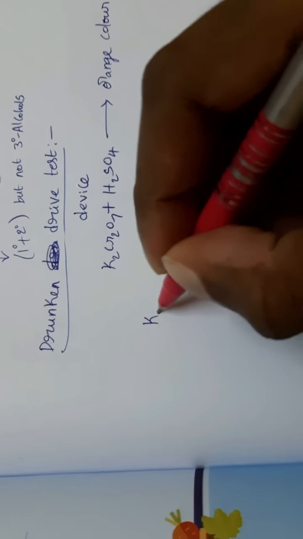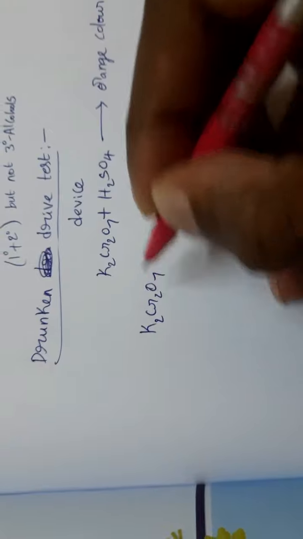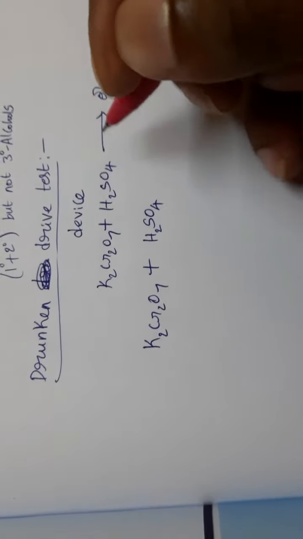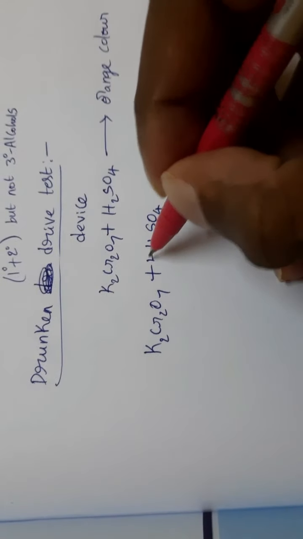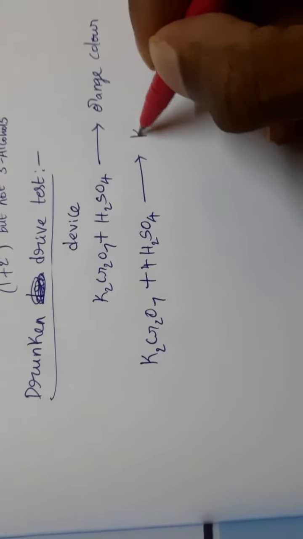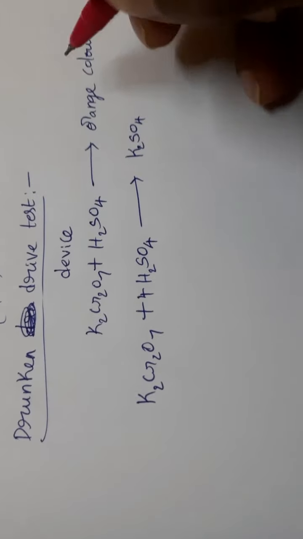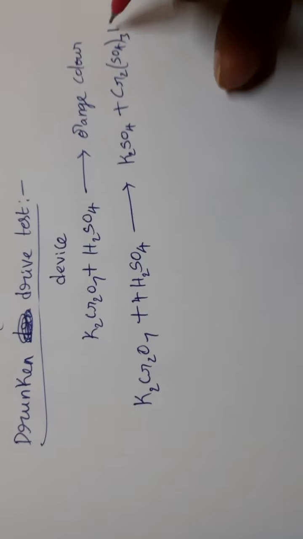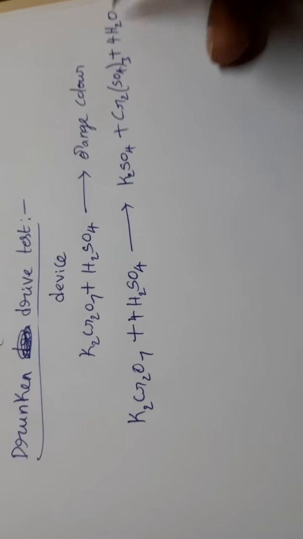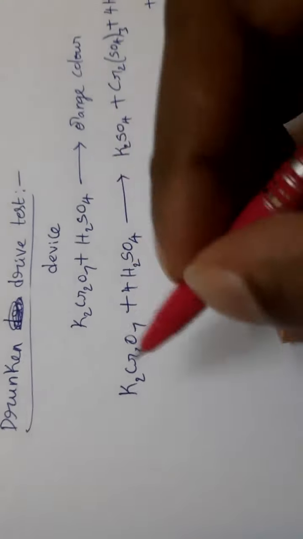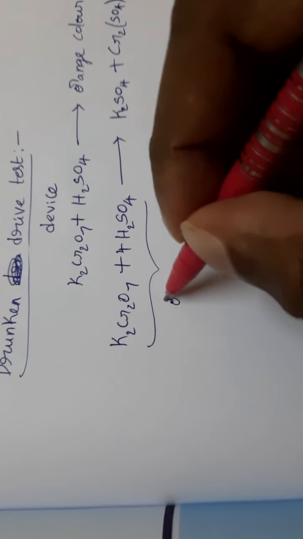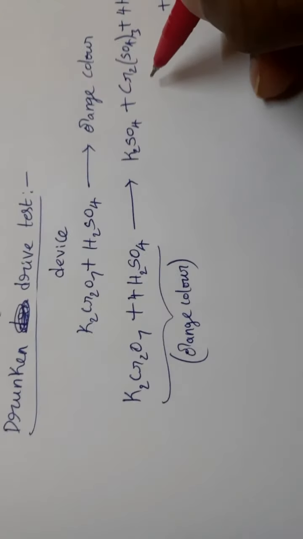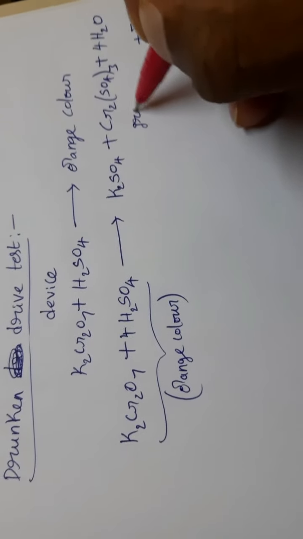That is K2Cr2O7 plus H2SO4 gives rise to K2SO4 plus Cr2(SO4)3 plus 4H2O plus 3 oxygen atoms. It is orange color and it is green color.